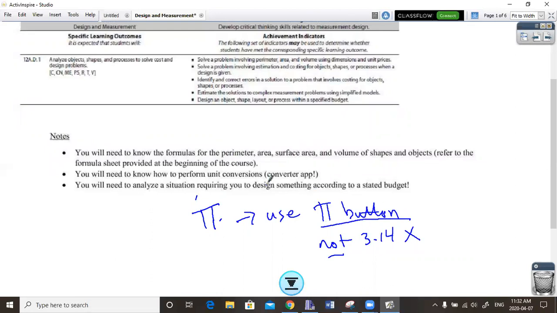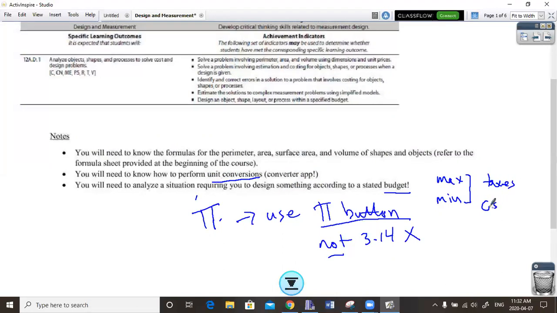All right, there will be some unit conversions that you're going to have to do. So you want to be careful with that, but you can use a converter app for it. And when you're dealing with a budget, you want to be within your budget. So whether it's a minimum or a maximum, you want to be within the budgetary range, and of course don't forget taxes.